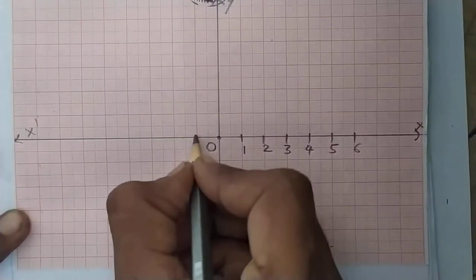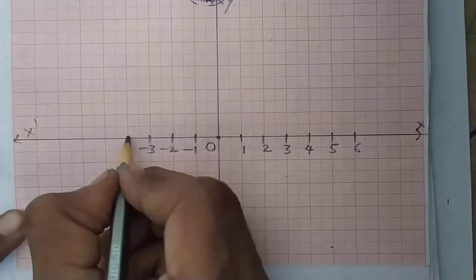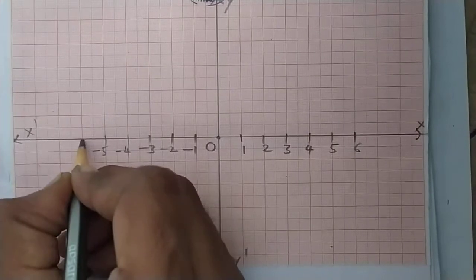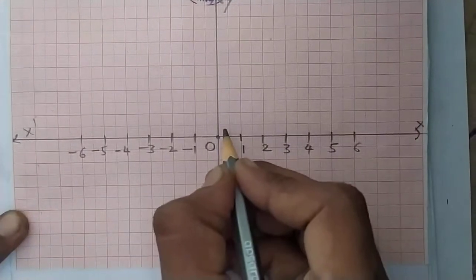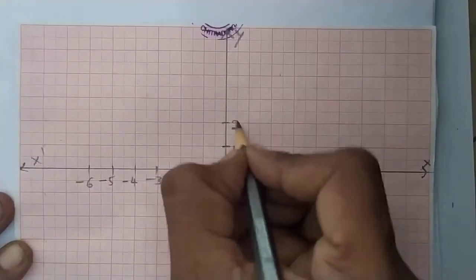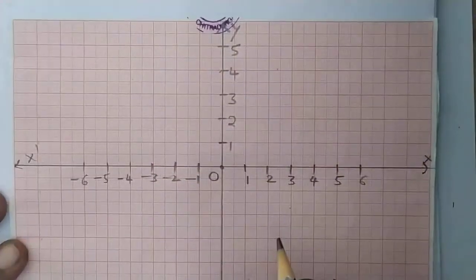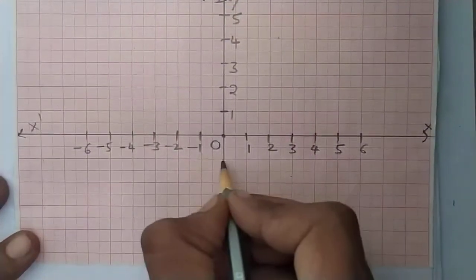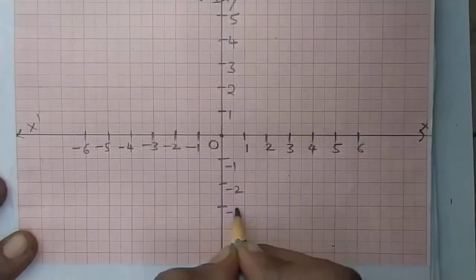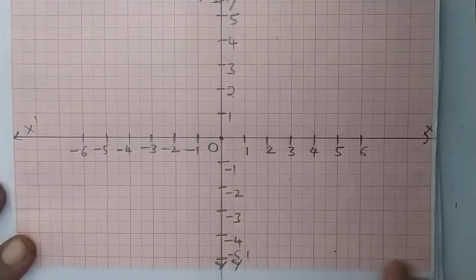On the negative x-axis: -1, -2, -3, -4, -5, -6, and so on. On the positive y-axis: 1, 2, 3, 4, 5. On the negative y-axis: -1, -2, -3, -4, -5, -6, and so on.